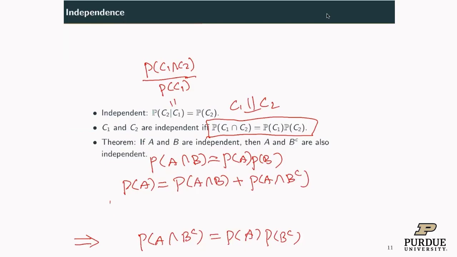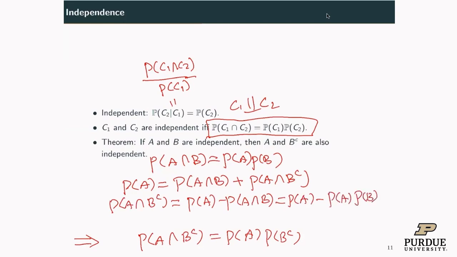So the probability of A intersection B complement is equal to the probability of A minus the probability of A intersection B. This is the probability of A minus the probability of A times the probability of B. This is equal to the probability of A times 1 minus the probability of B. So this is the probability of A times the probability of B complement. So this is how we can show that if A and B are independent, then A and B complement are also independent.